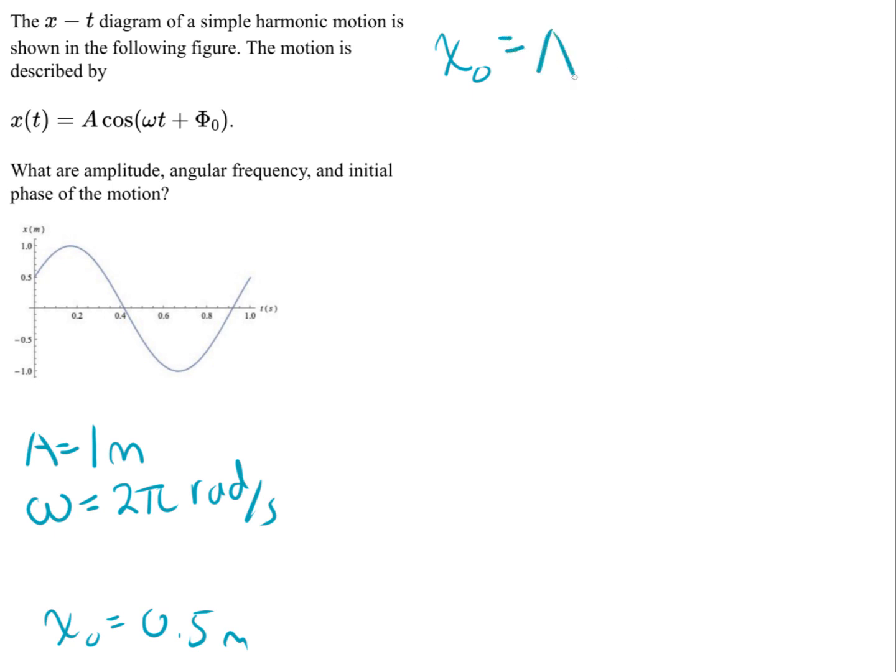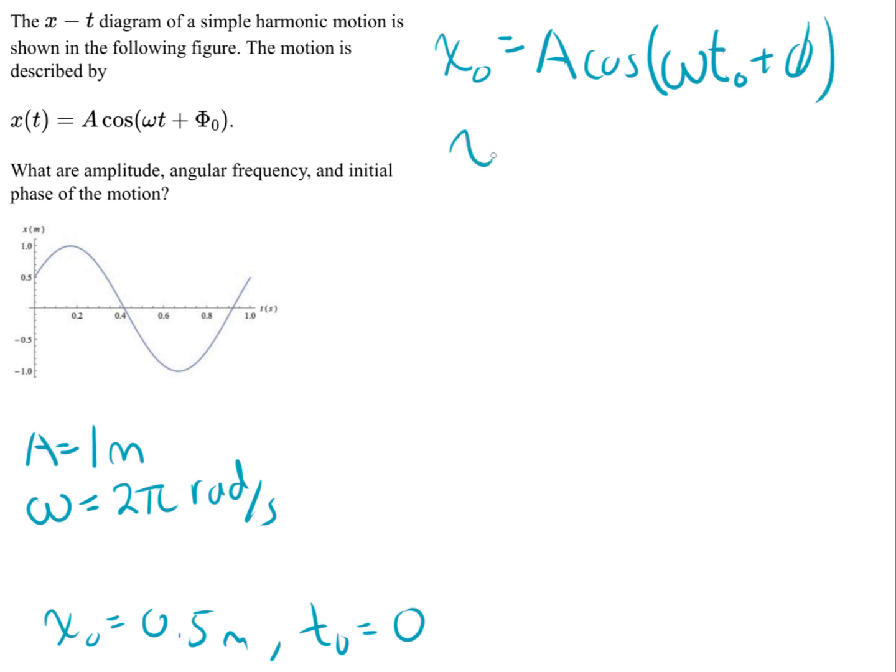And that is equal to the amplitude times the cosine of the angular frequency times the time. This is the initial time, when time is equal to 0, plus the phase constant.